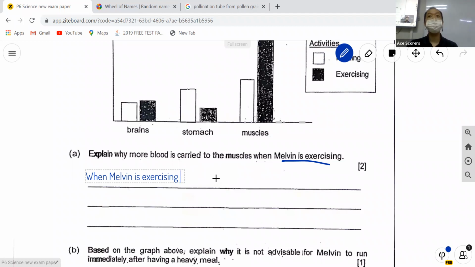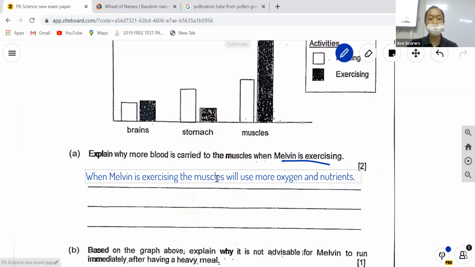More. The muscle will use more oxygen. Very good. Is it only oxygen? What else does the muscle need when Melvin is exercising? Nutrients or energy, right?